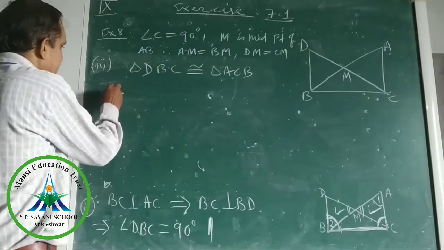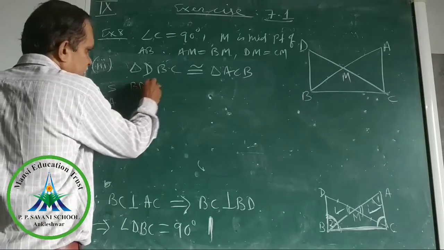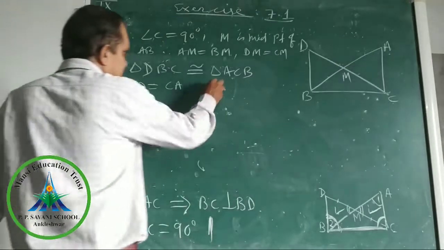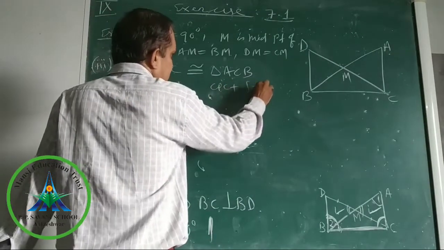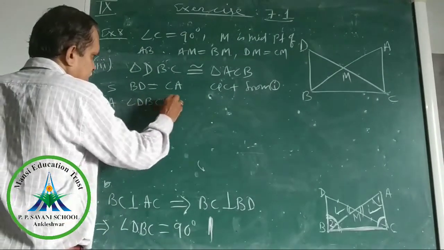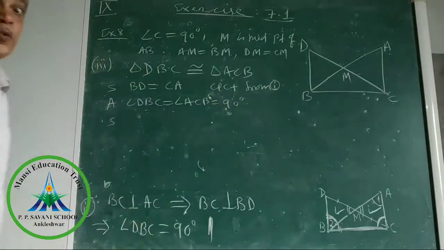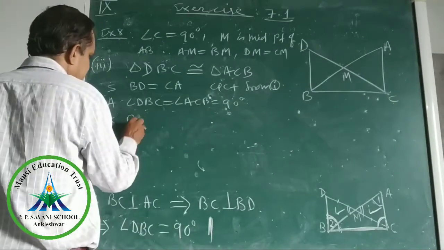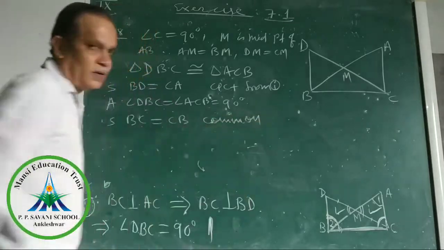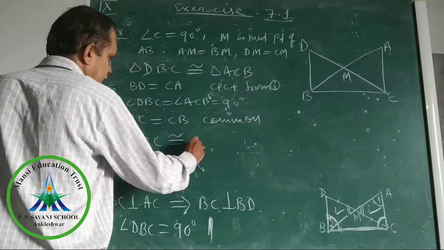Now CB, side angle side: BD equal to CA, from the first part. Angle DBC equal to angle ACB equal to 90 degrees, proved. Side again, BC equal to CB, common. Therefore, triangle DBC congruent to triangle ACB.